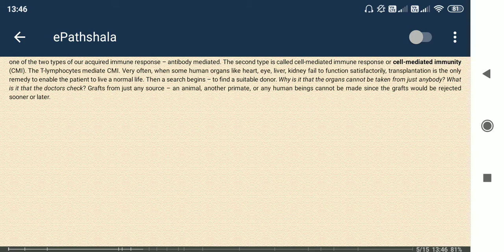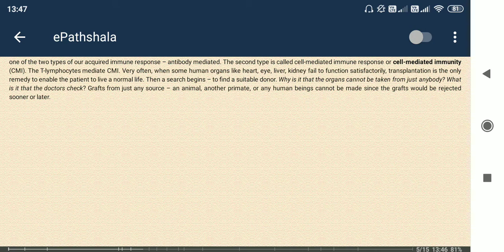Colostrum is the first milk that is released from the breast after childbirth, and colostrum is rich in immunoglobulin A. Tears also carry immunoglobulin A. Immunoglobulin E is involved in allergic reactions.